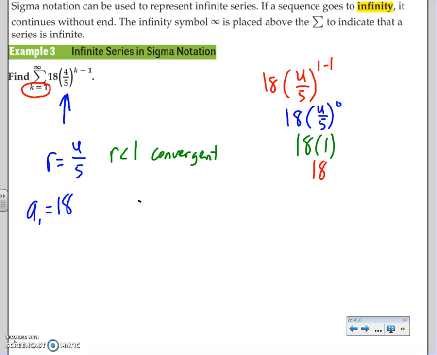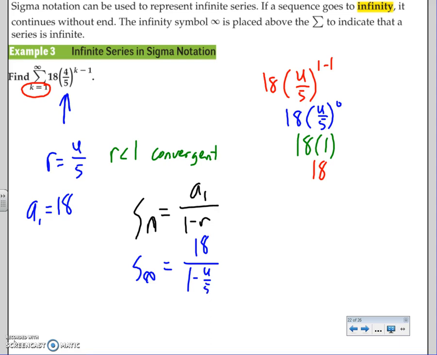I can now fill in the formula. The sum of an infinite geometric series, if it is convergent, not S of n, is a1 over 1 minus r. So I'm going to fill it in. A sub 1 is 18 over 1 minus 4/5.